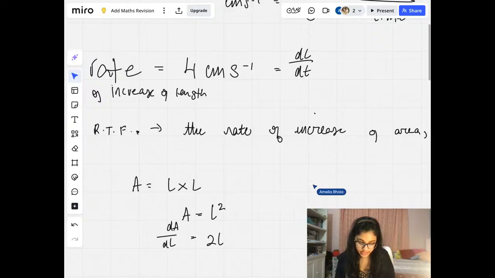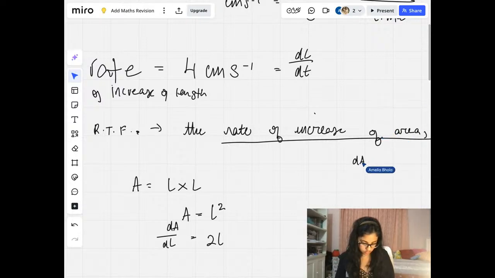I want the rate of increase of area, which is, hold on, yeah, dA dt. So I'm going to say dA dt equals, I'm just going to multiply both of them.